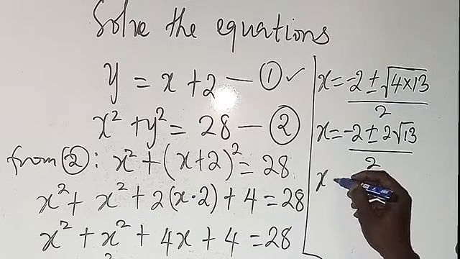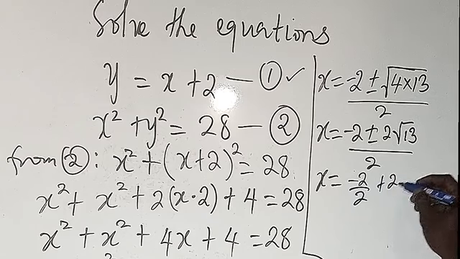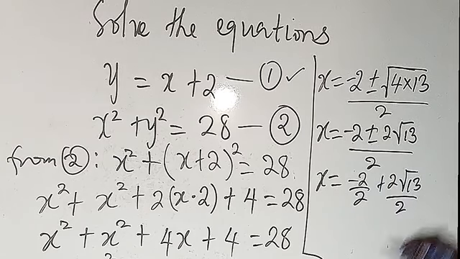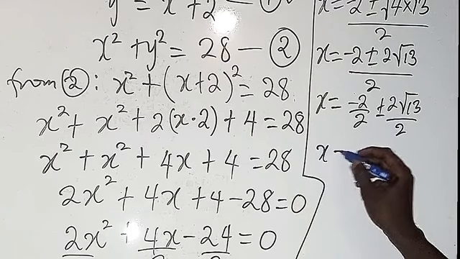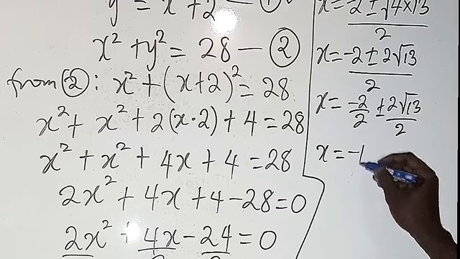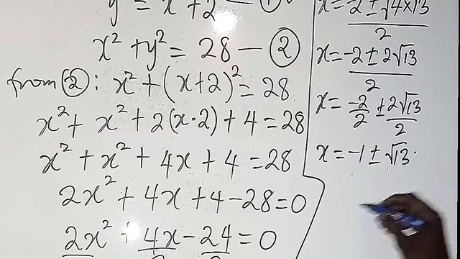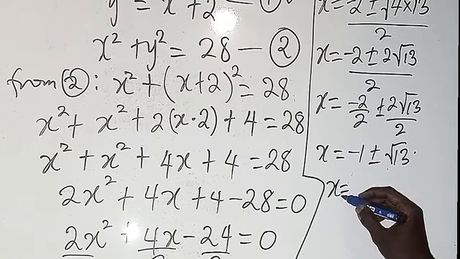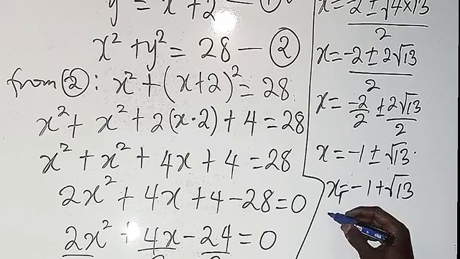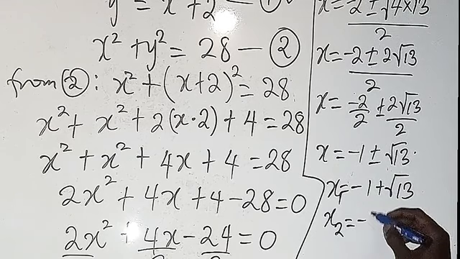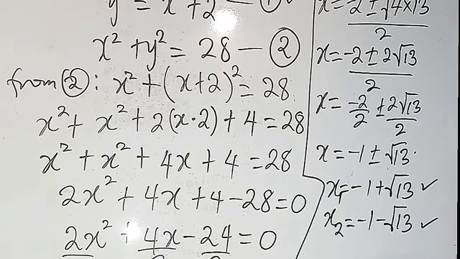So now x equals minus 2 divided by 2 plus or minus 2 root 13 over 2. Don't forget plus or minus. Minus 2 divided by 2 is minus 1, plus or minus, we cancel the 2s, root 13. So x1 equals minus 1 plus root 13, and x2 equals minus 1 minus root 13.